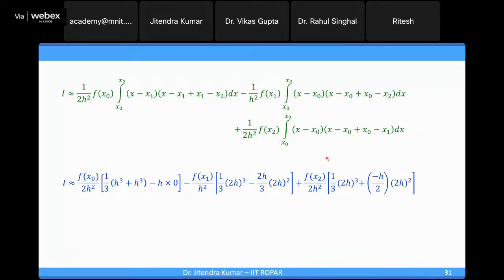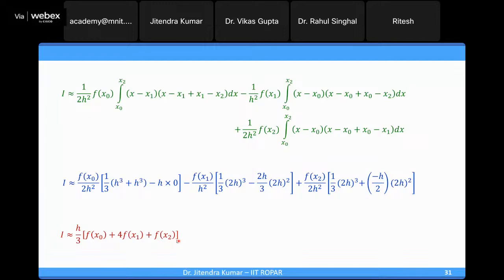But finally, after this integration and putting in the upper and lower limits, you will get this nice formula: h by 3 times the function value at the first point x0, plus 4 times f(x1), plus the end point.